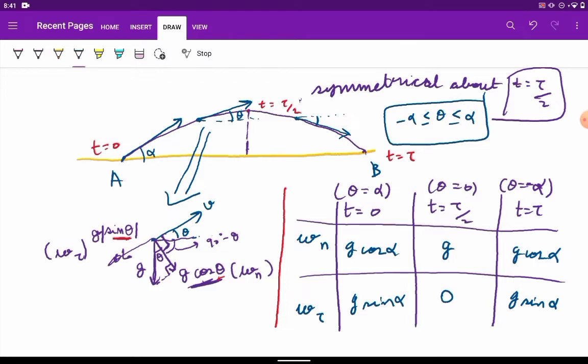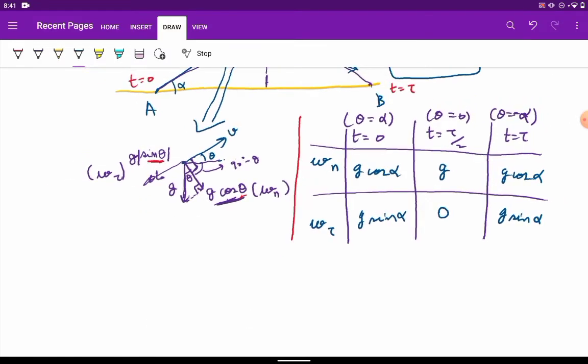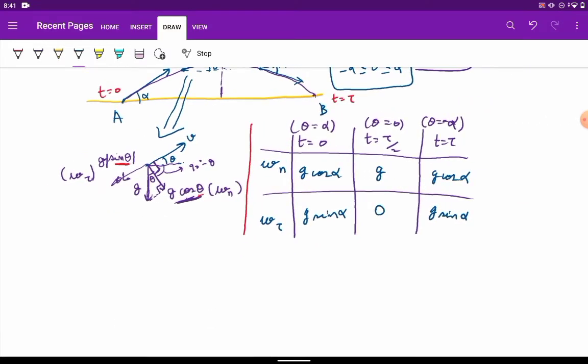So here it will be g mod sin alpha, but since alpha is positive, this is also g sin alpha, this is also g sin alpha.